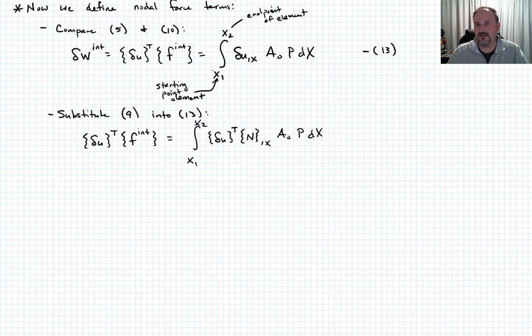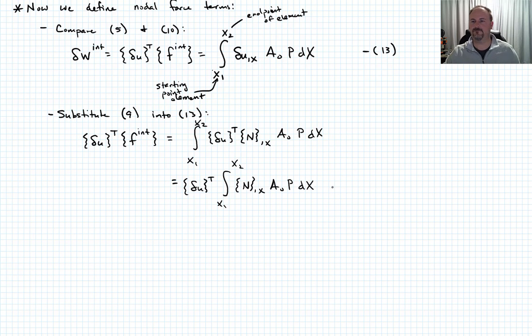So if I do that, I can see that this delta U term is not dependent on x, right? It's just a nodal virtual displacement, so I can pull it out. So if I bring that down, I can write this as delta U transpose times the integral from x1 to x2 of n partial with respect to x times a naught p dx, right? Let's call that equation 14.